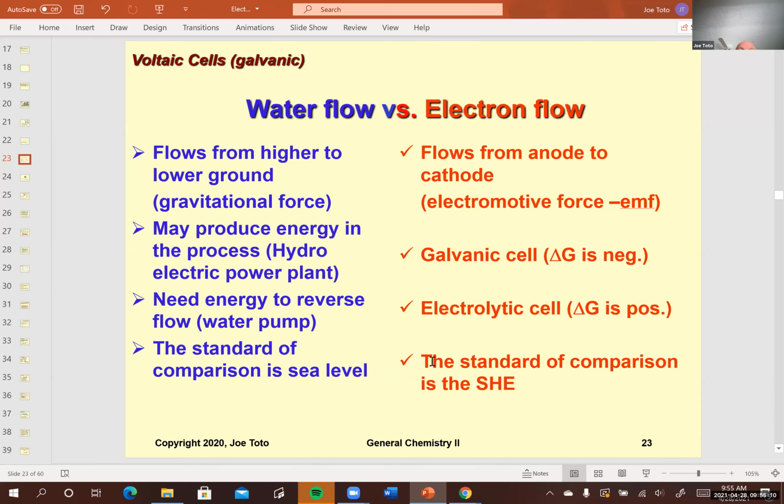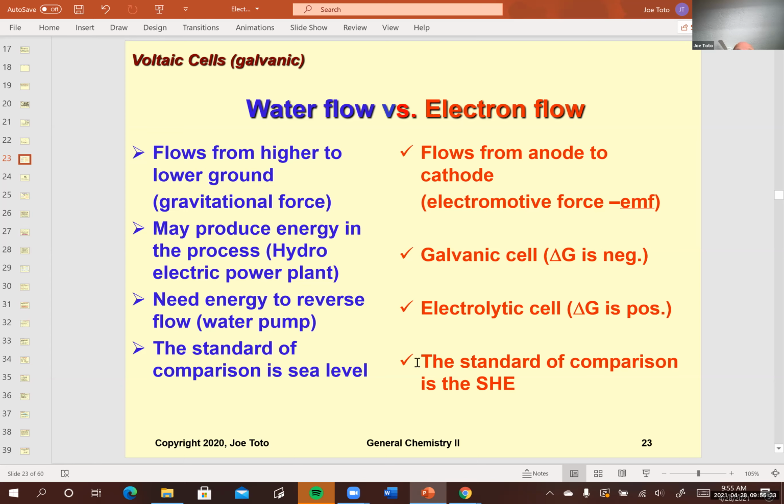We need to pick a standard. We don't have to measure the absolute potential of any one of these half cells for being reduced or oxidized. All we need to do is measure it relative to the same half cell, and then we can tabulate those values.